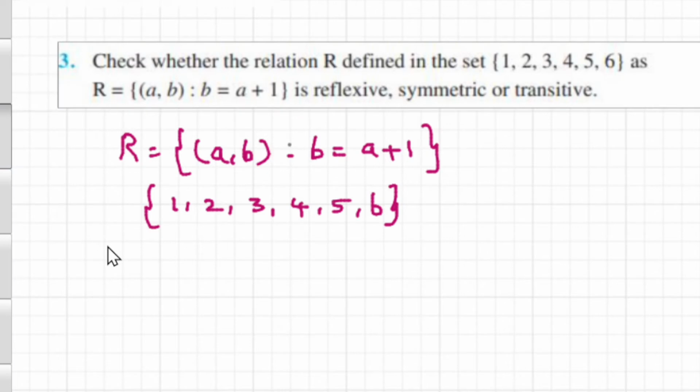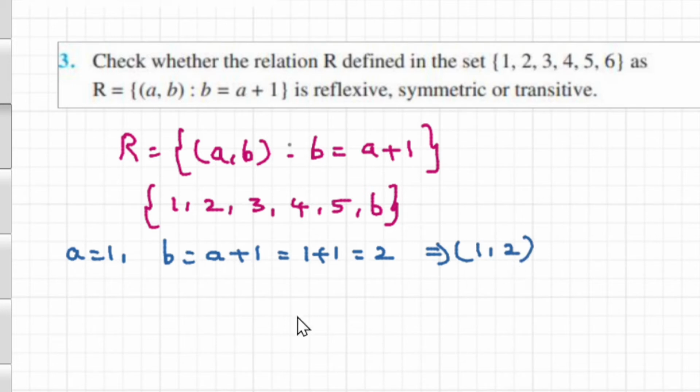For different values, first I am going to take A equal to 1. If A is 1, B is A plus 1, so 1 plus 1 is 2. So the ordered pair is (1, 2), and then we can select the next value A as 2, so B is 2 plus 1, which is 3, and it is (2, 3).